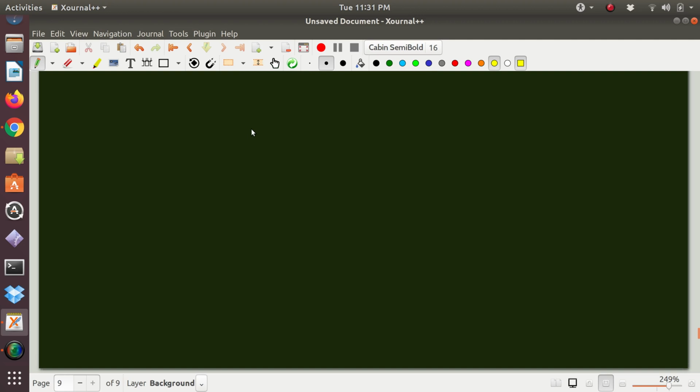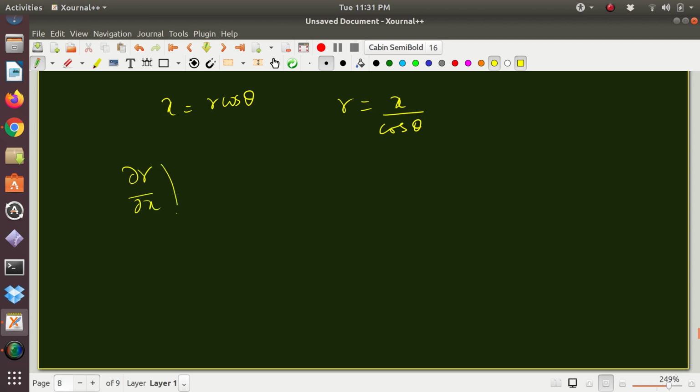Now there is one thing that I would like you to remember, which is that if x is r cos theta, r is x by cos theta. Now if you ask the question, what is partial r partial x at constant y?